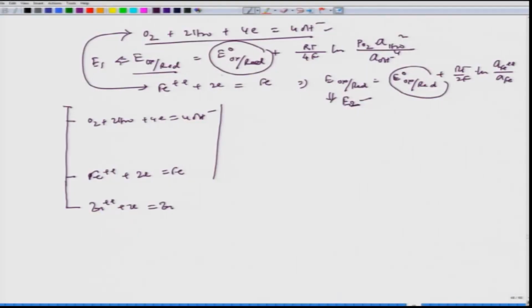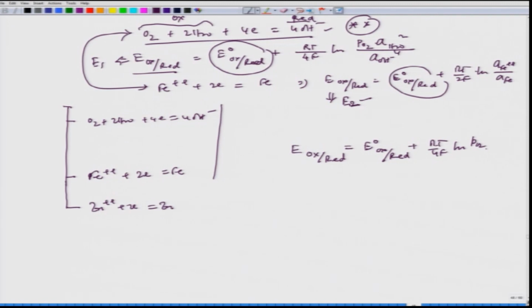But before that, let us look at this particular reaction again, O2. Interestingly, this is the ox part and this is the red part. E ox/red equals E0, I am not writing those individual species, plus RT/4F ln PO2.